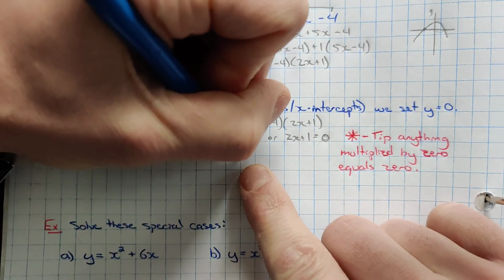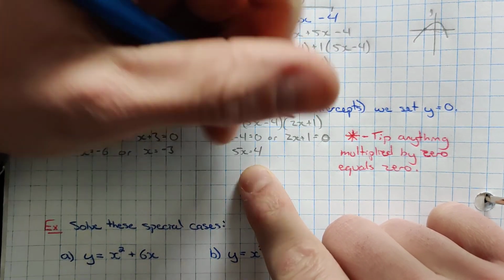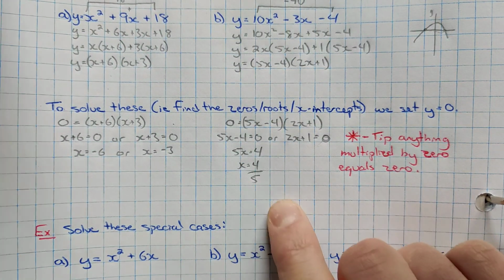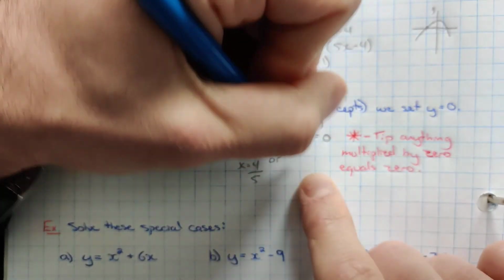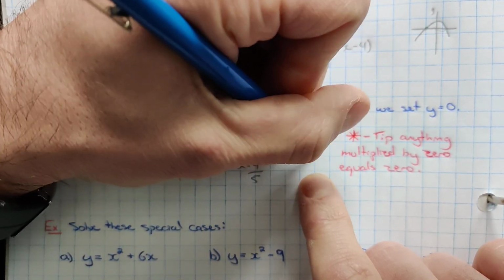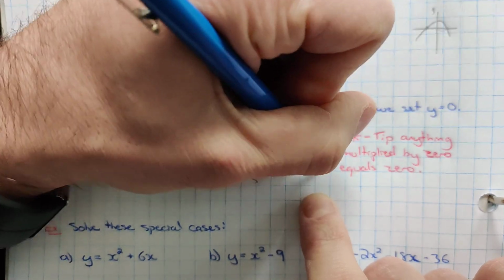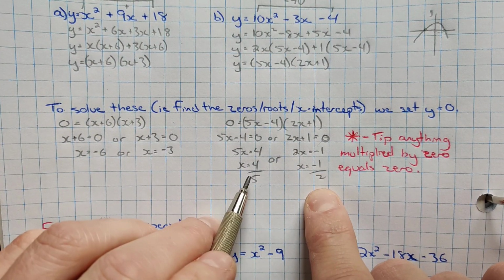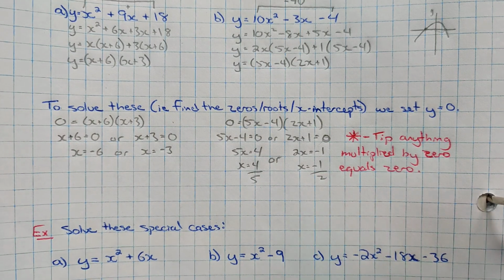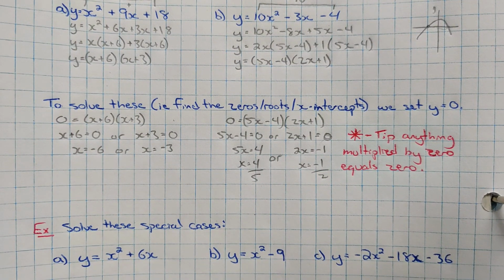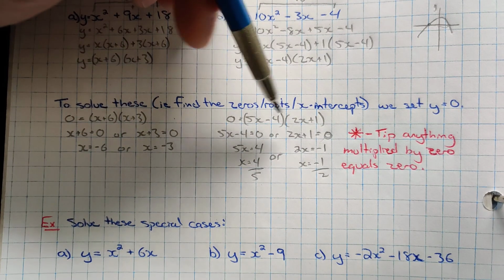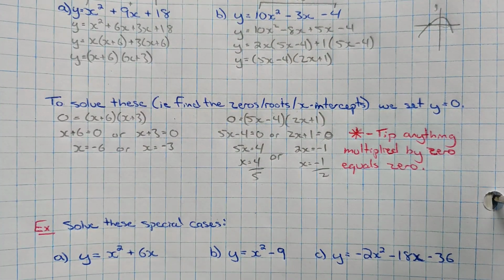Solving this, 5x equals positive 4, x equals 4 over 5. Or, solving this one, 2x equals negative 1, x equals negative 1 over 2. There are my two zeros at 4 over 5 and negative 1 over 2. So all we're doing after we've factored to find the zeros is setting the equation equal to 0 and then each individual portion equal to 0.